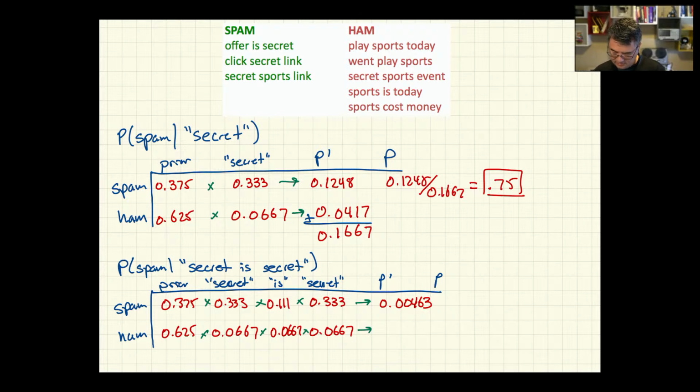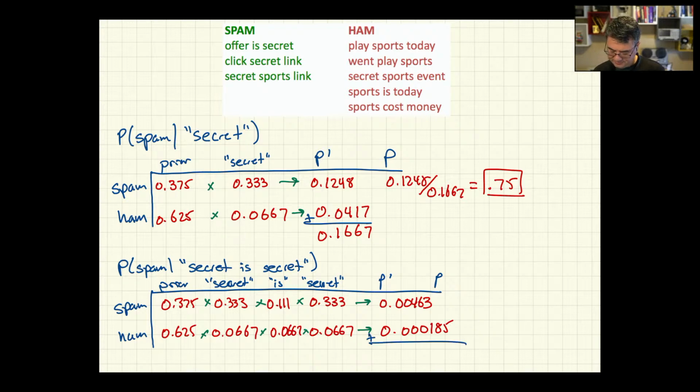And then the other one, 0.625, and I get, whoa, that's a small number, 0.000185.